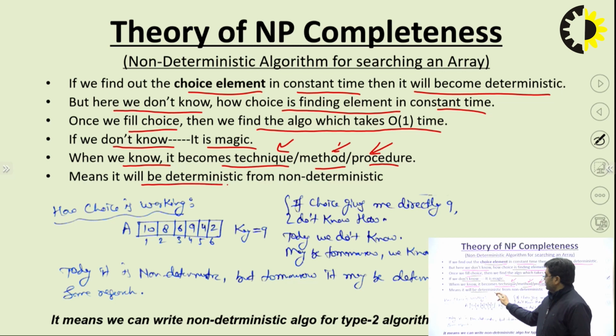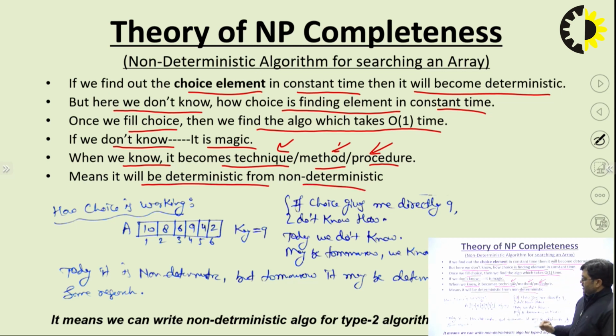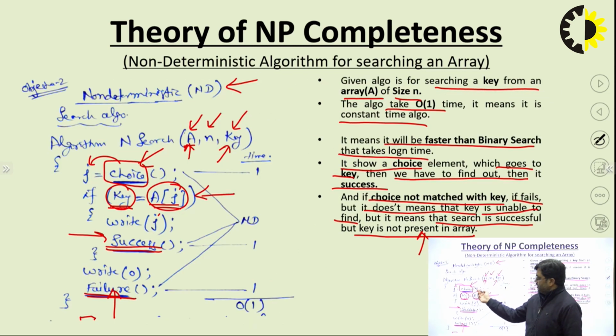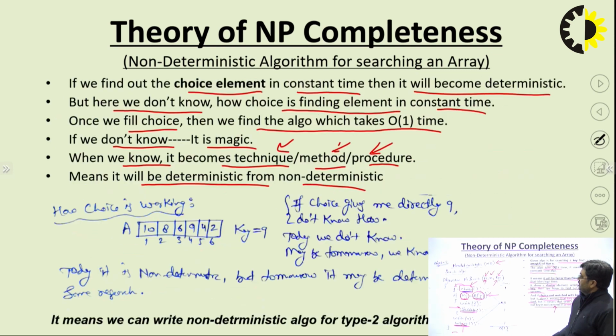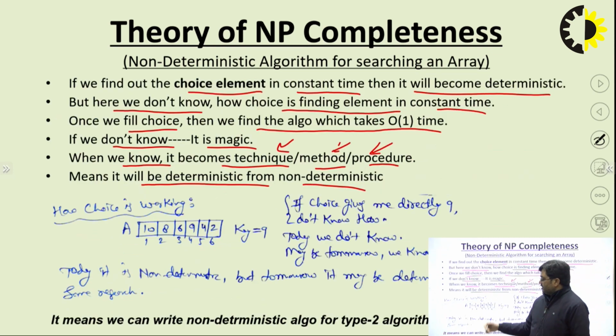It means it will be deterministic from non-deterministic. If we replace the choice element deterministically, it will become a deterministic algorithm from non-deterministic, which is what it is currently. So how is choice working?